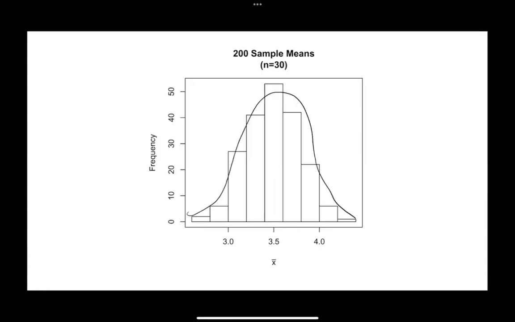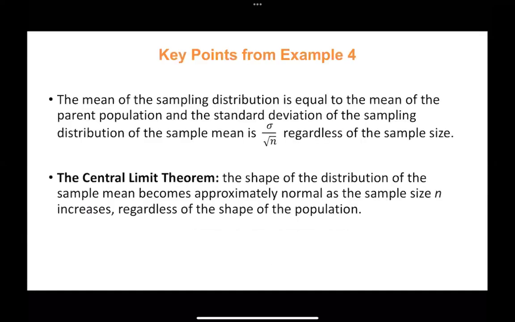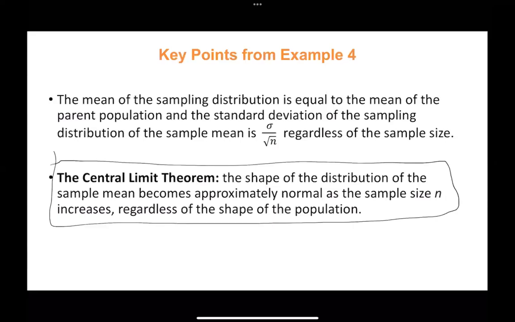As you notice, as the sample size got larger, the sampling distribution became more normal. I'm going to give you the words for it on the next page. So here it is right here, the central limit theorem. I'm not going to require you to remember the name, though it's not a bad idea, but what it says is what is really important.